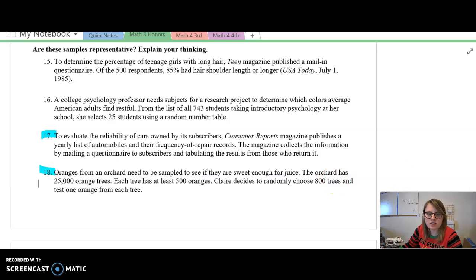So this is not representative, because only people who read that magazine are going to get this survey. If you don't read this magazine, you're not going to get that survey. So it's not representative of a good population.